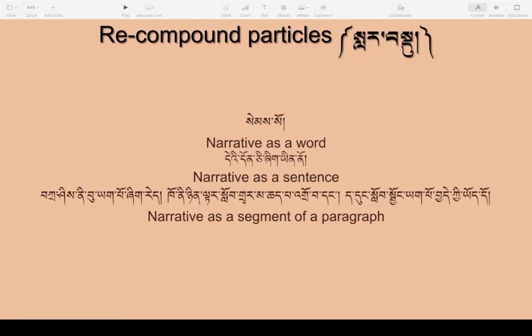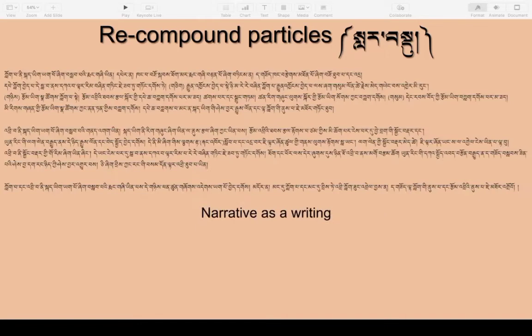So we see there are three sentences, and from the ta of Tashi to the do, everything in between becomes part of this narrative. You can see that it has started at lok pa and ended at do, meaning this is a narrative as a writing where it consists of multiple paragraphs.